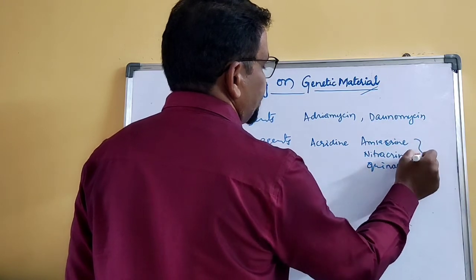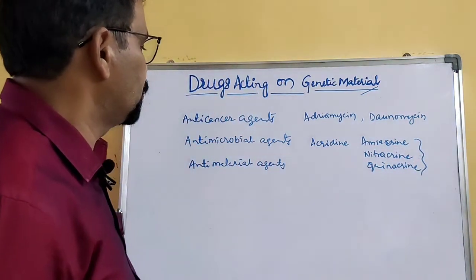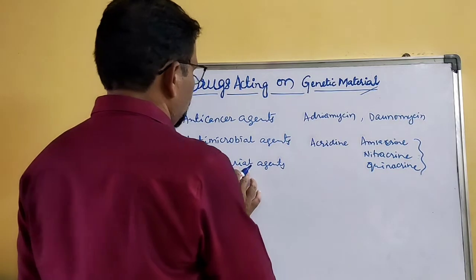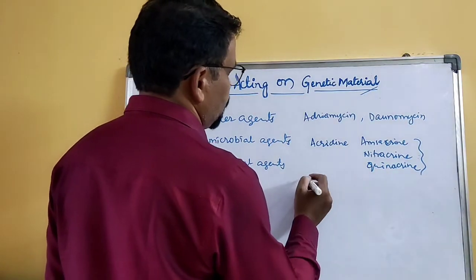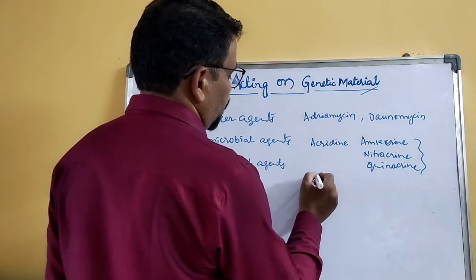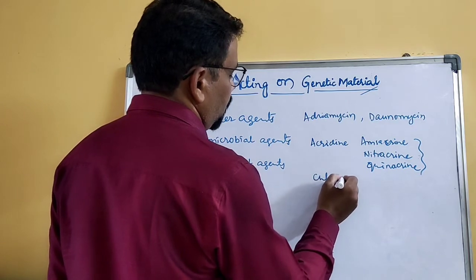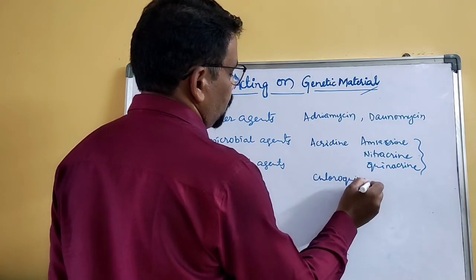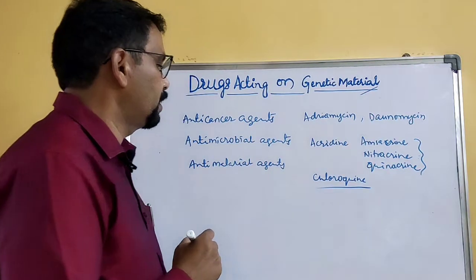So these are the examples for antimicrobial agents. What about anti-malarial agents? Chloroquine, right? So this is the example for an anti-malarial agent.